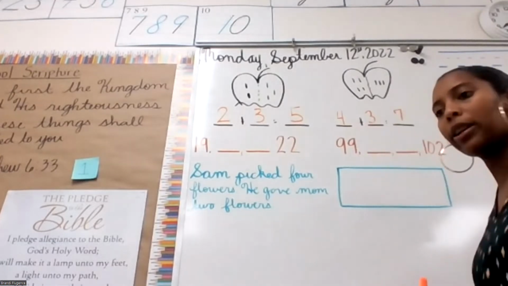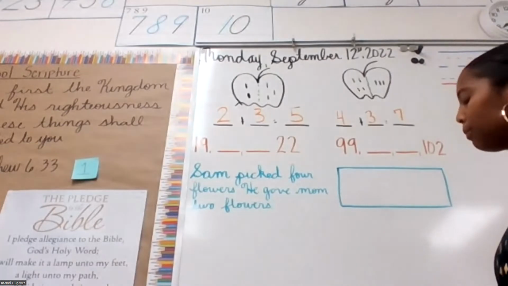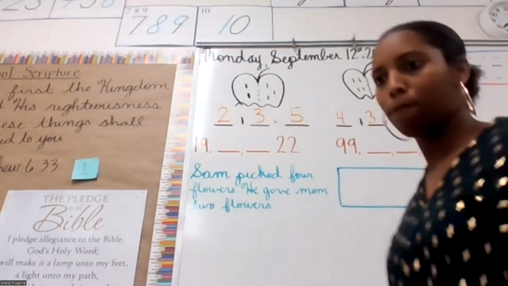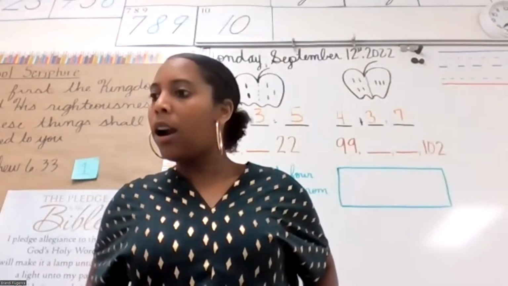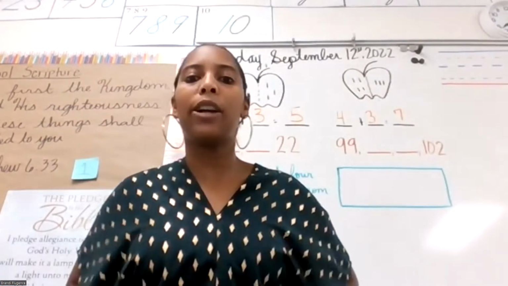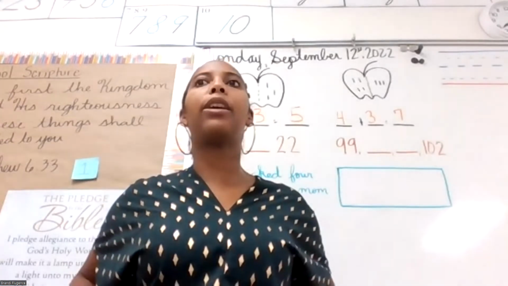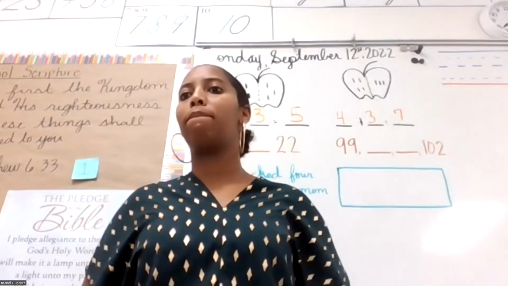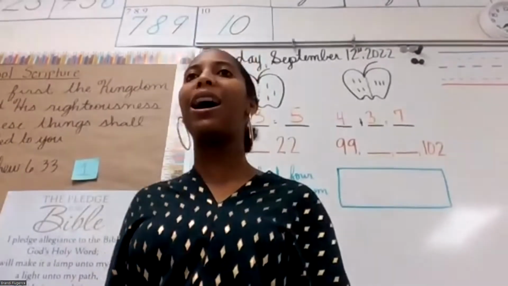Okay, so now let's look at your apple in your book. We're going to create one. All right, so let's look at the left side of your apple. When we open the apple, we have 5 seeds.